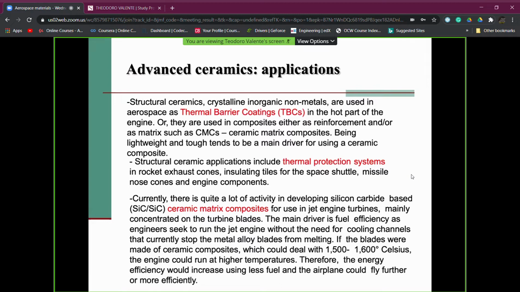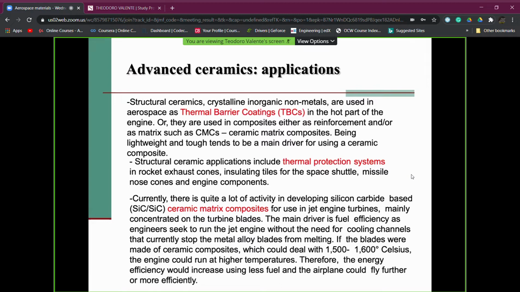The application in this case can be extended also to thermal protection systems, for example, in rocket exhaust cones, insulating tiles as those flying some years ago with the space shuttle, and some other applications as you see here. And in this second area, usually the attention, for example to the space shuttle thermal protection system, but we will see also other examples, is focused on non-oxide ceramics, like those based on silicon carbides, in the form of ceramic matrix composites, and this was the solution of the space shuttle insulating tiles.